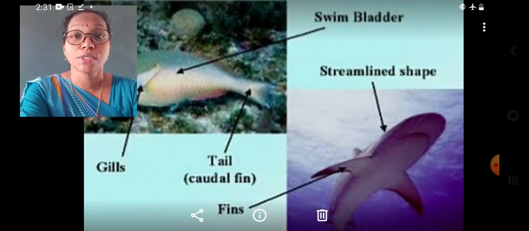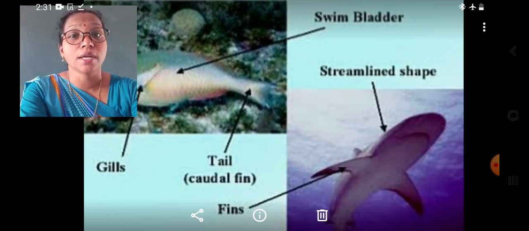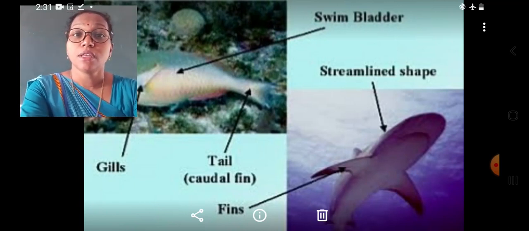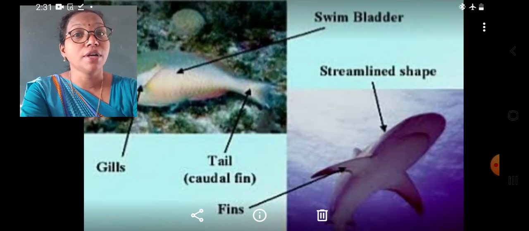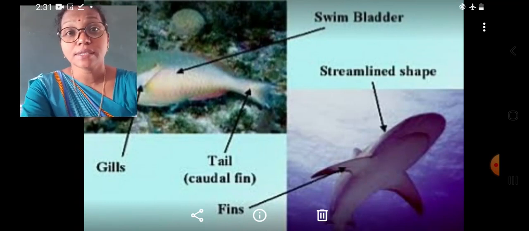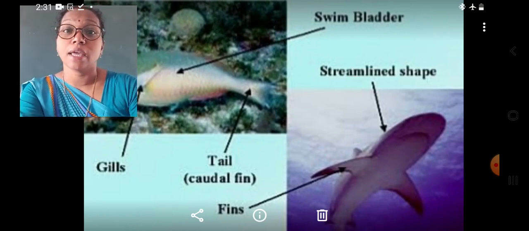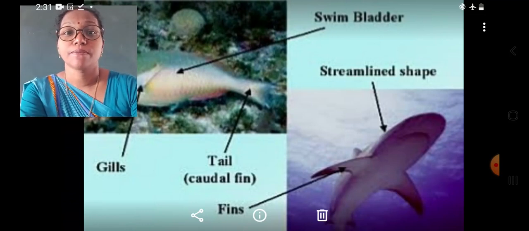This shape offers very little resistance to water. The fish body is covered with slippery scales. These scales offer little resistance to water and help the fish to move smoothly in water.